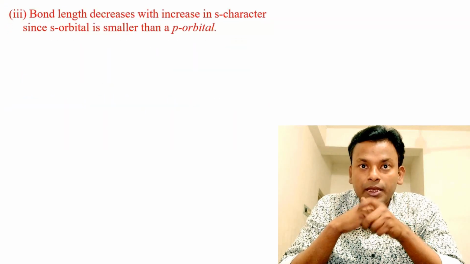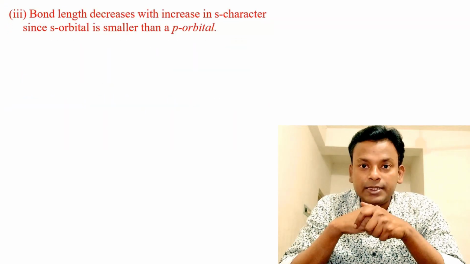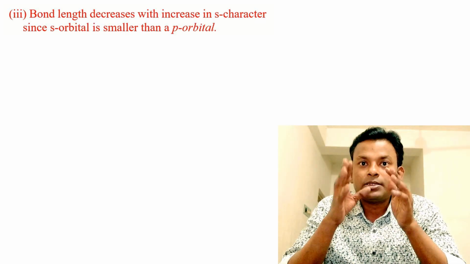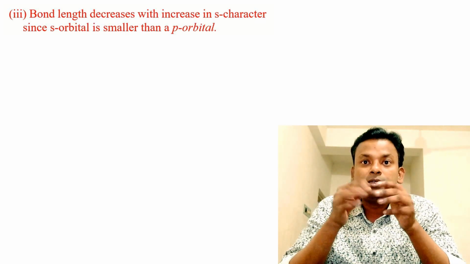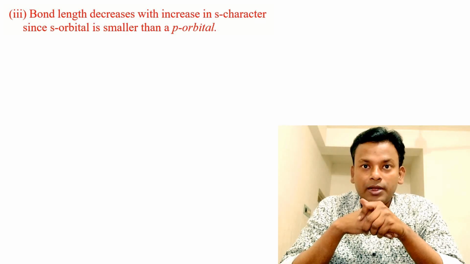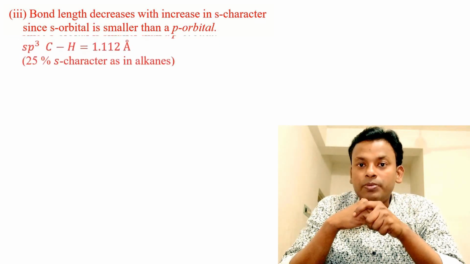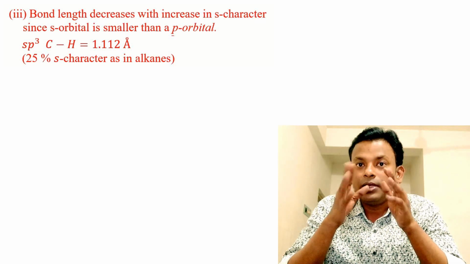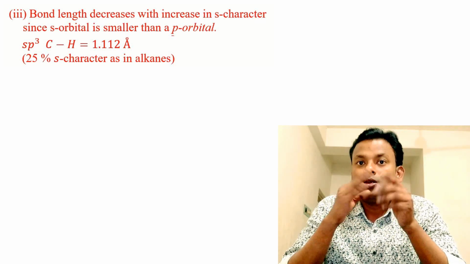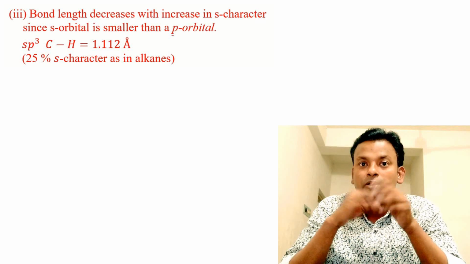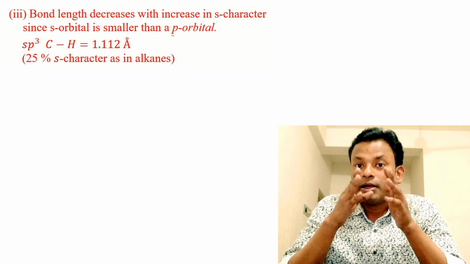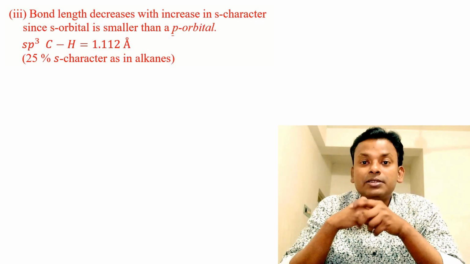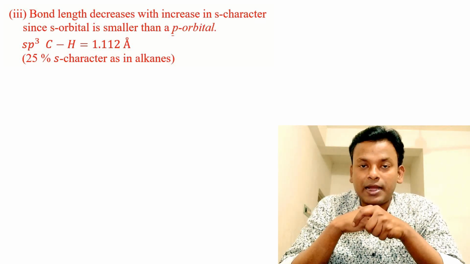Point 3. Bond length decreases with increase in s character, since the s orbital is smaller than the p orbital. In CH4, that is in alkane, the C-H bond is 1.112 Angstrom because here the carbon atom is sp3 hybridized, that is 25% s character.